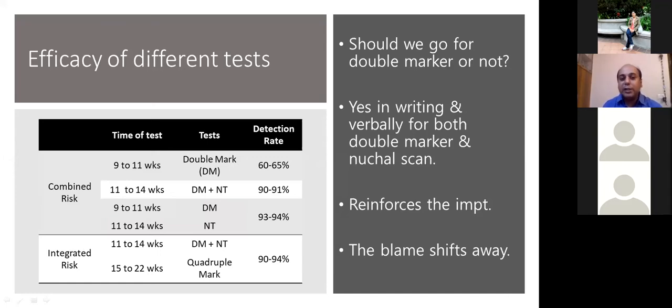As you can see, the detection rate is 90 to 94%. If you see the efficacy of different tests, this reinforces the importance of this test to the patient and also shifts blame away from the radiologist and the gynecologist. If the gynecologist is safe, he or she will definitely try to keep us also safe.